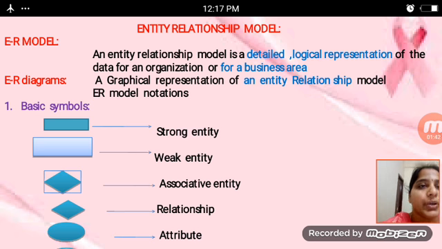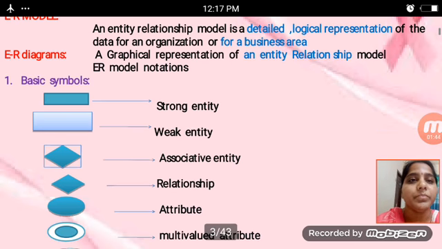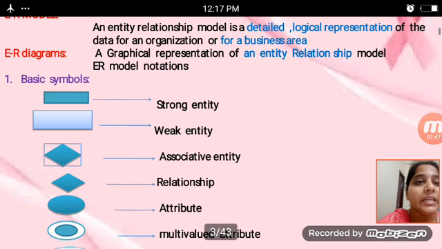In this, the notations are some basic symbols, which we use to draw our entity relationship models.